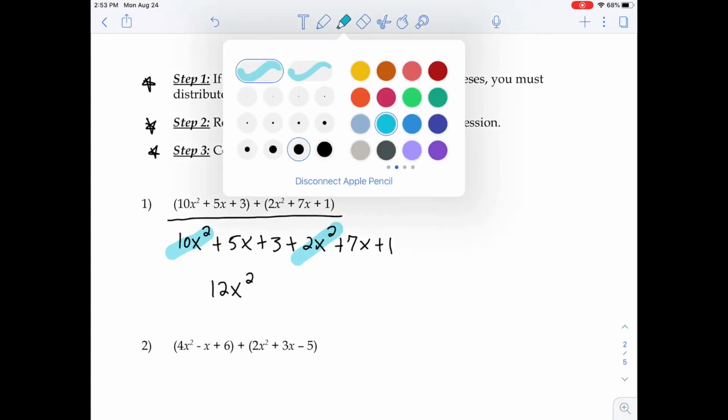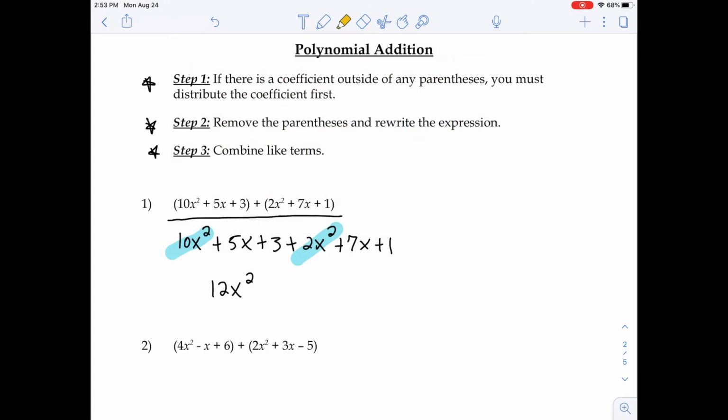Then I can take a look at the next term, and I have 5x, and then I have 7x, same variable with the same exponent. So those are like terms, so I can go ahead and add those, and 5x plus 7x is 12x.